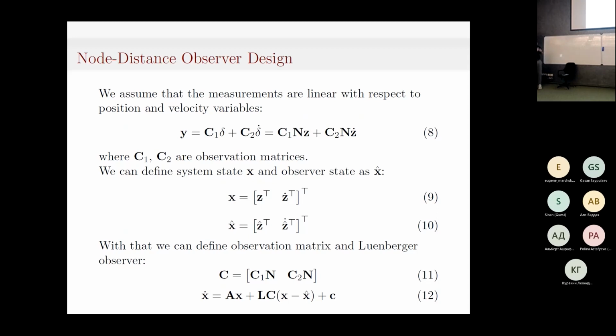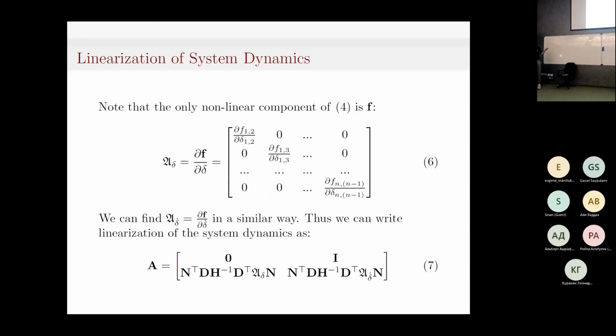And we can then design a Luenberger observer. Here, the L matrix is a gain matrix obtained from the Riccati equation. The cost function can be found in the research paper, and C acts as an affine component. The A matrix here is the A matrix from the previous slide.